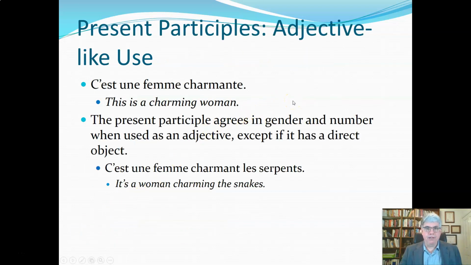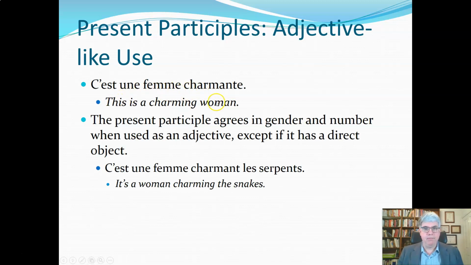So how are we going to use them? Well, first of all, let's look at how we can use them as an adjective. C'est une femme charmante. So it is a woman. Now here we have charmante. Charmer is the verb to charm. Charmant is charming, and it's used as an adjective.